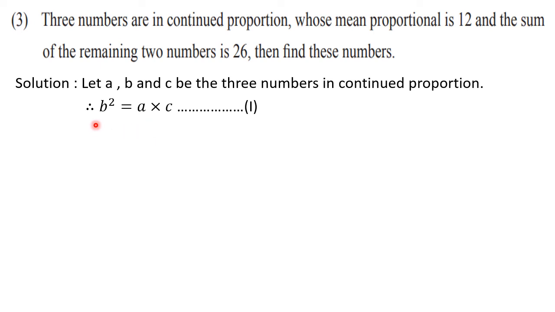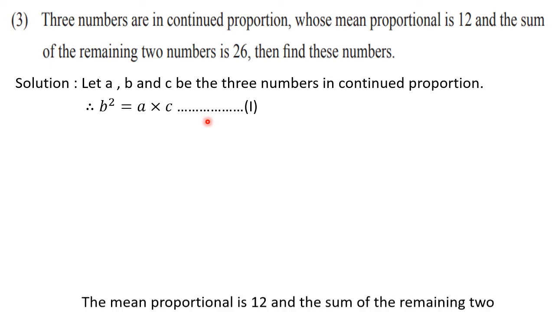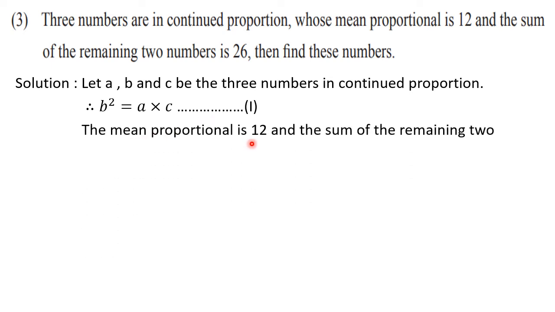Also, we know that B squared is equal to AC. When the three numbers are in continued proportion, we know that B squared is equal to AC. So, B is 12 and the sum of remaining 2 is 26, and then we have to find these numbers. Okay.